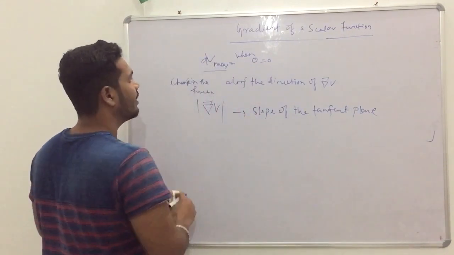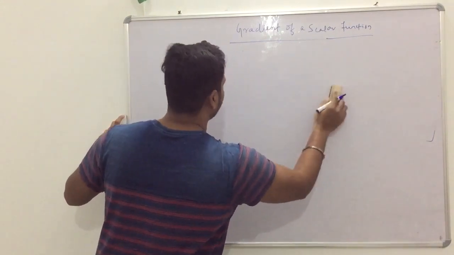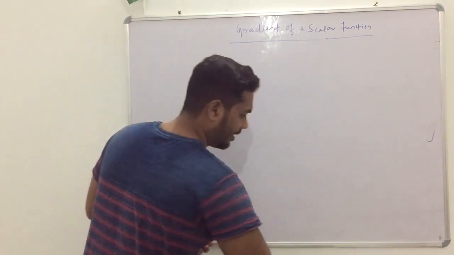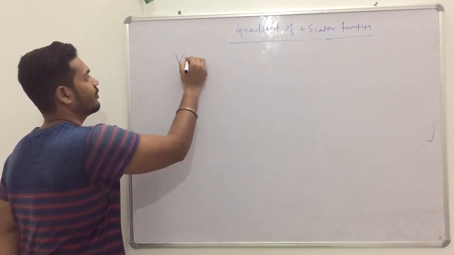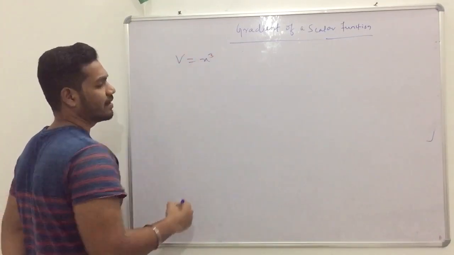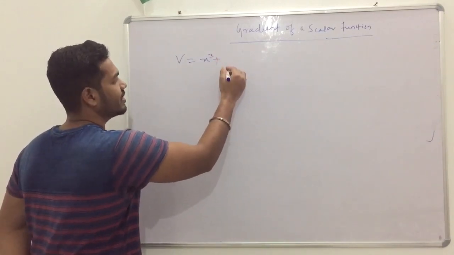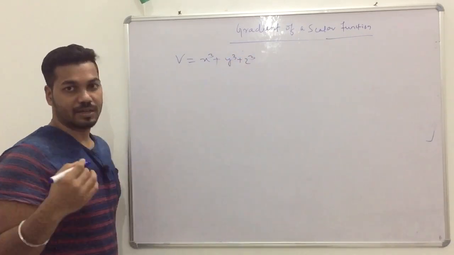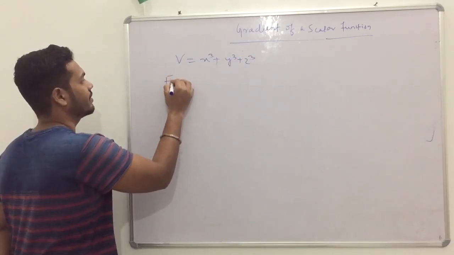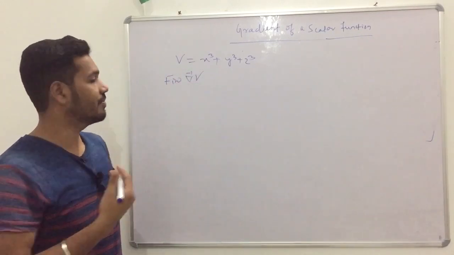Before going to see the application, let's apply the gradient of a function to some examples. Let's take an arbitrary example. V is a function of x, y, z of the form x cube plus y cube plus z cube, and you have to find grad of V. So how can you find the gradient of that function?